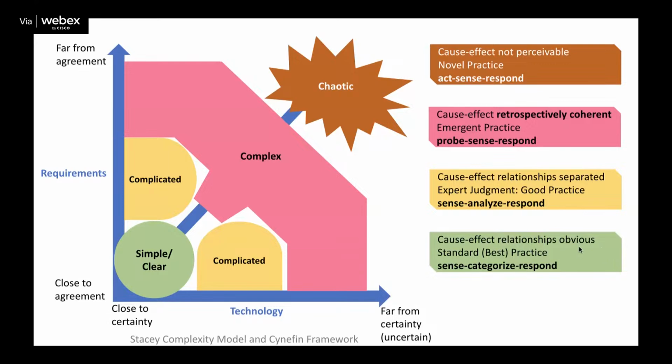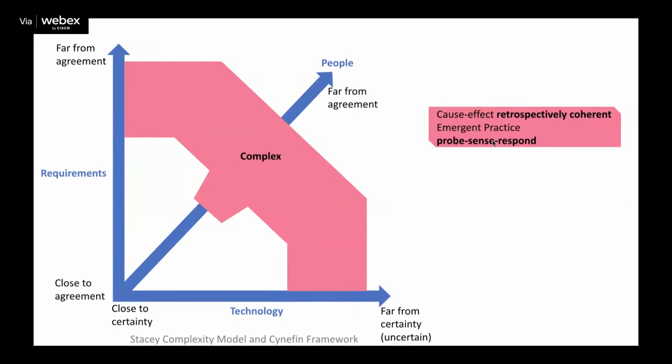And for complicated problems, where we can figure out what we need to do, analyze how to do it, and then respond, that is a perfect place for a more traditional approach like the waterfall, where we can figure out our requirements and needs, figure out how to meet those needs based on our reduction of uncertainty through analysis, and then put a plan together and execute on it. Complex problems, though, require this notion of probing, sensing, and responding, and emergent practice.